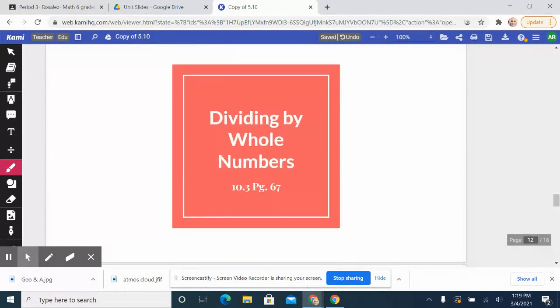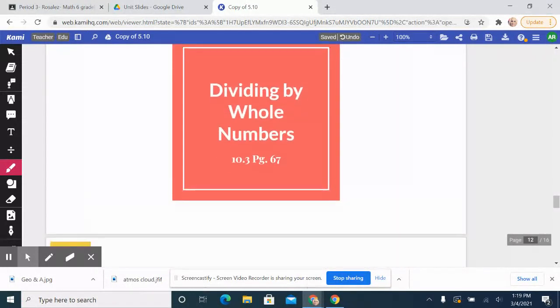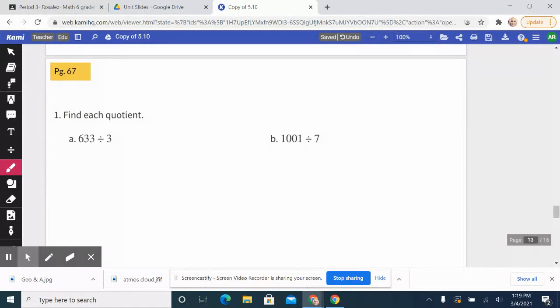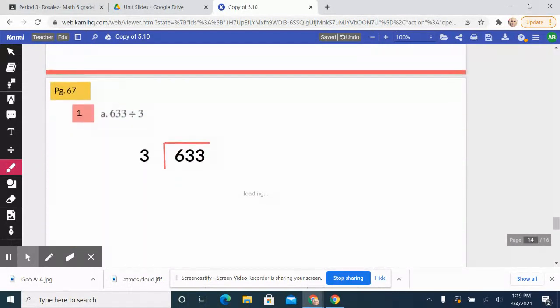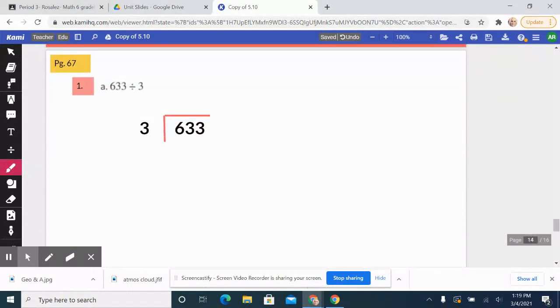And you're on the same page. I'm just moving down. So 10-3, 67, we're going to find the quotient for each of those. So I have it already set up here. So A, so 3 goes into 6. It does go into 6. So we're going to start there. It goes in twice. 2 times 3 is 6. When you subtract, you get 0.